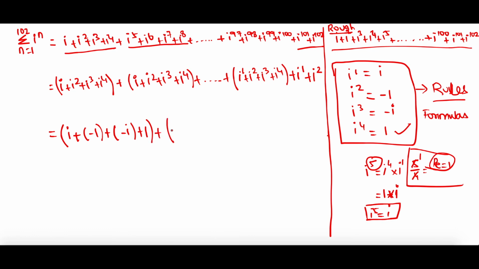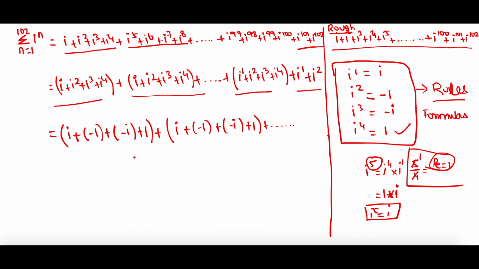Likewise we can repeat the same because all the values are the same, right? So it is going to be i, minus 1, plus minus i, and i to the power 4 is nothing but 1, and so on. So we have written this and this. Now we have to write this and this.